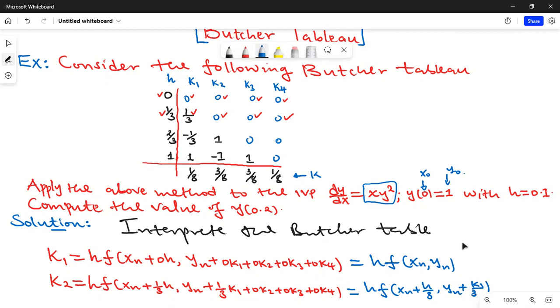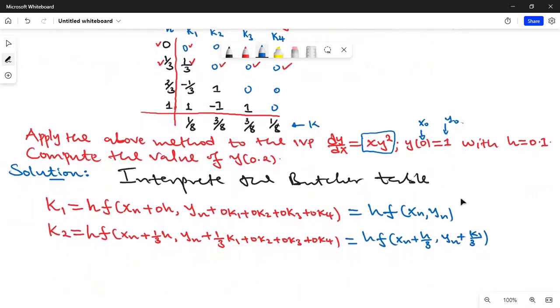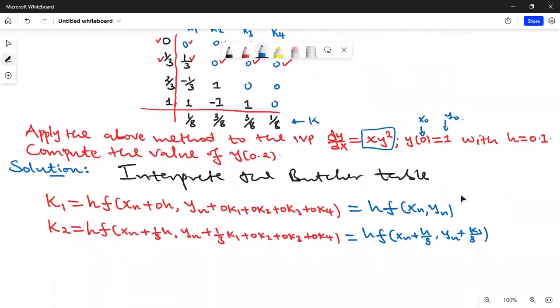Let's proceed to k3. Our k3 from the Butcher table is h f of xn. What are we adding? It is 2/3 h, so plus 2/3 h, comma, yn.